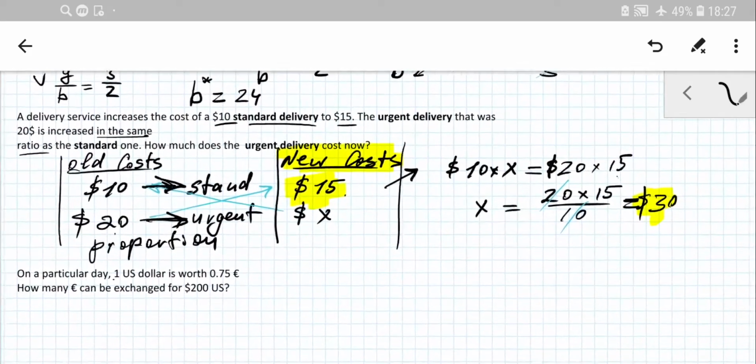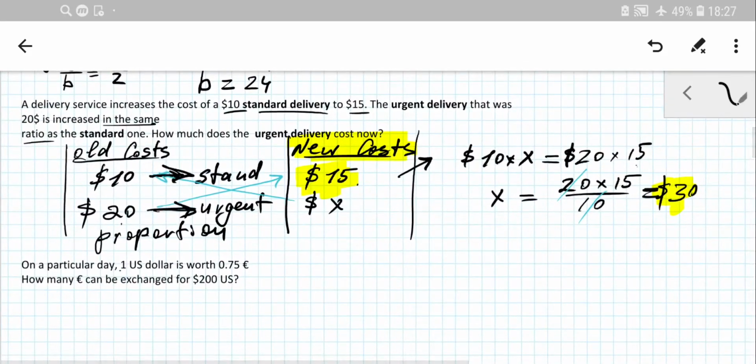However, you can apply a different method, called scale factor, or factor of increase, or rate of increase, no matter how you call it, but I'll give you the essence of this method. Look, $10 increases up to 15.